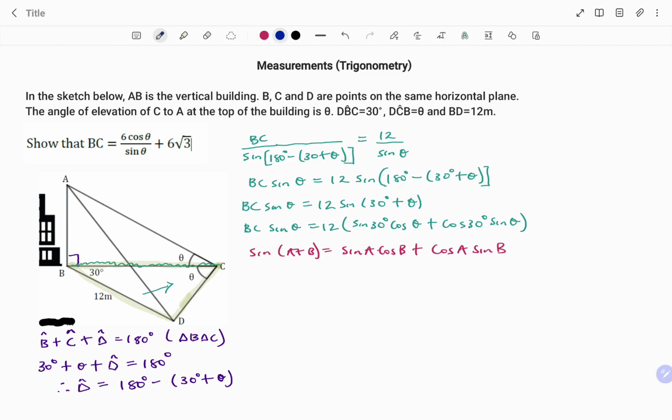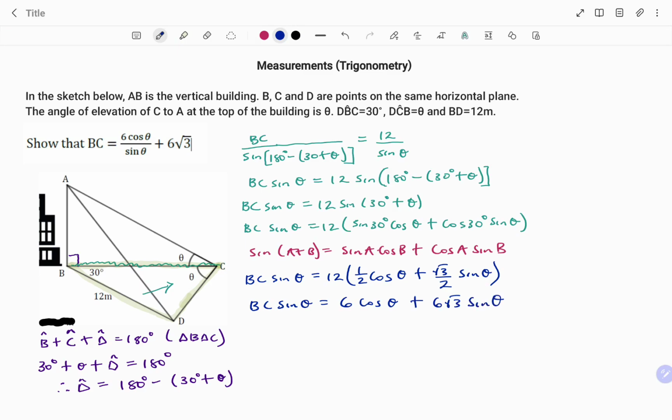So simplifying and using our special angles, we have BC sine theta equals 12 multiplying (sine 30 degrees, that's half, cos theta plus cos 30 degrees, which gives us root 3 over 2, sine theta). If I expand using my 12, I have BC sine theta equals 6 cos theta plus 6 root 3 sine theta.